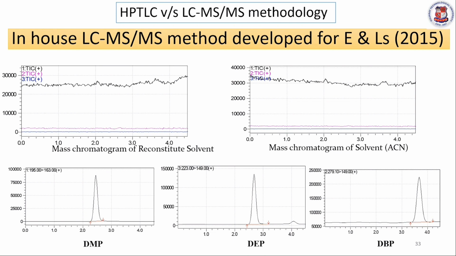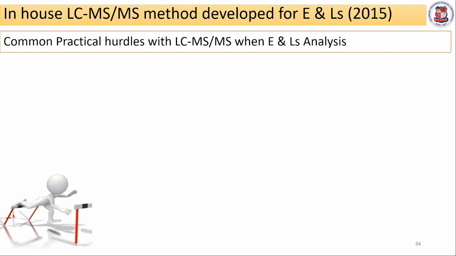By doing the literature review, we found that LCMS-MS is the most popular technique for this kind of study. So we did this too, but we found that because plastics are now everywhere, the solvent and the water which we use for the analysis sometimes get exposed to plastics.